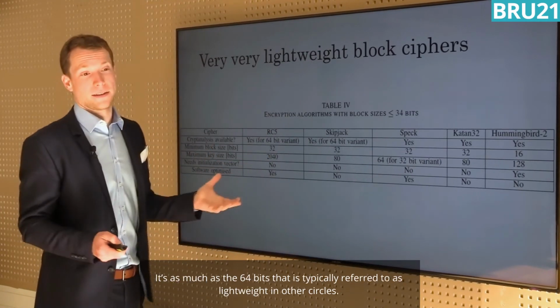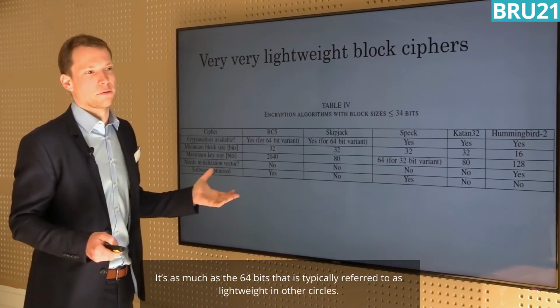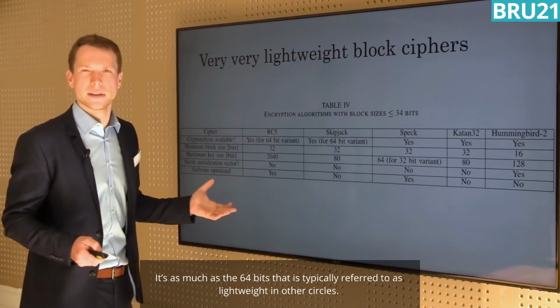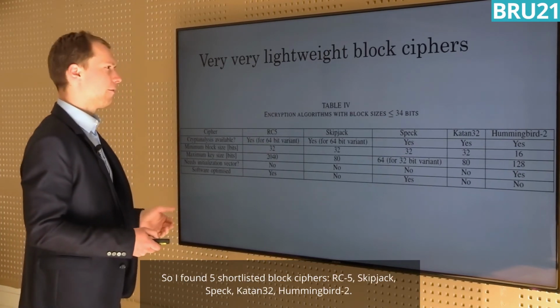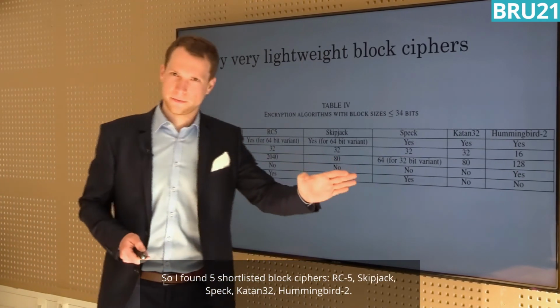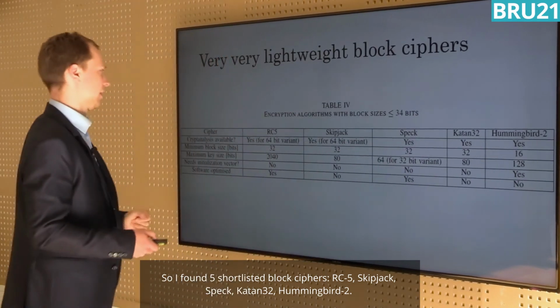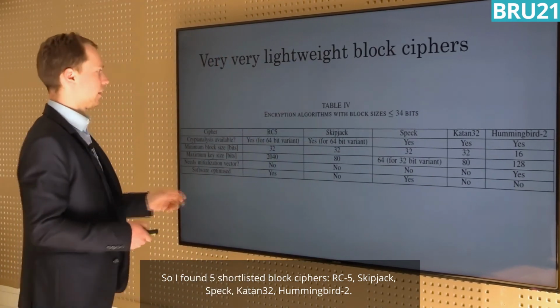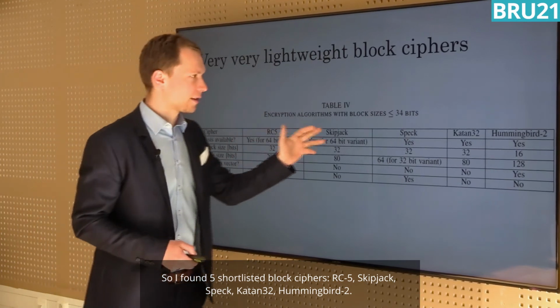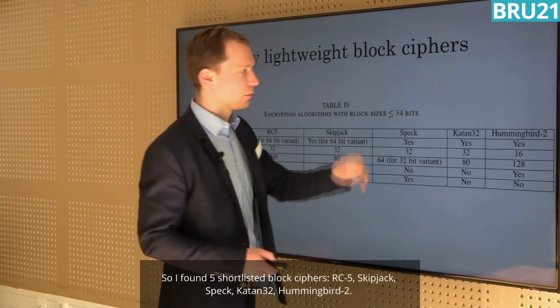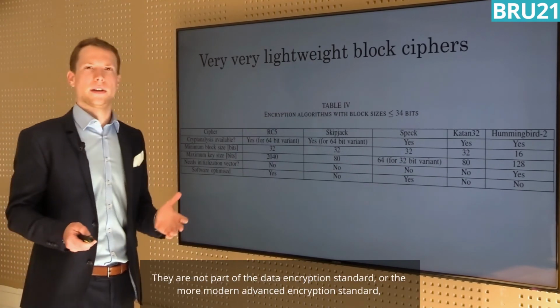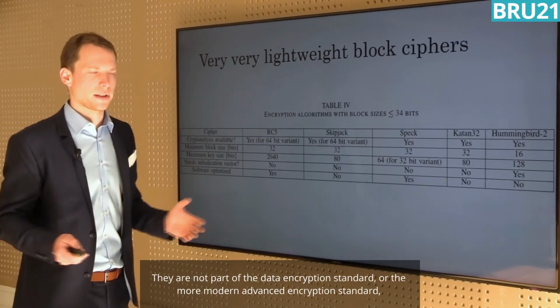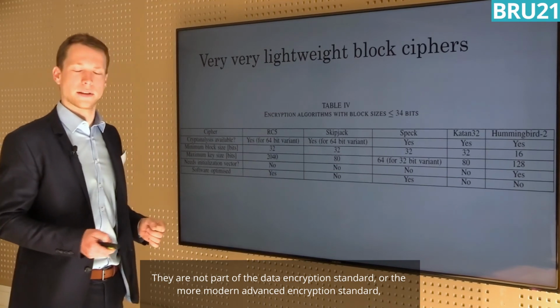It's half as the 64-bit that is typically referred to as lightweight in other circles. So I've found 5 shortlisted block ciphers. The RC5, Skipjack, SPECK, KN32, and Hummingbird 2. They're all kind of exotic. They're not part of the data encryption standard or the more modern advanced encryption standard.